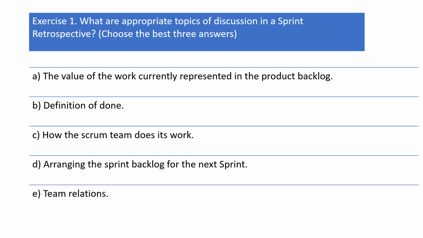Option B. Definition of done. Option C. How the Scrum team does its work. Option D. Arranging the sprint backlog for the next sprint. Option E. Team relations. Let me know what option you have chosen.